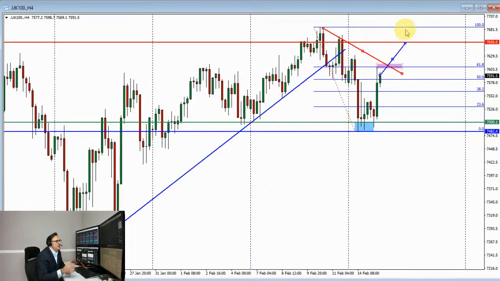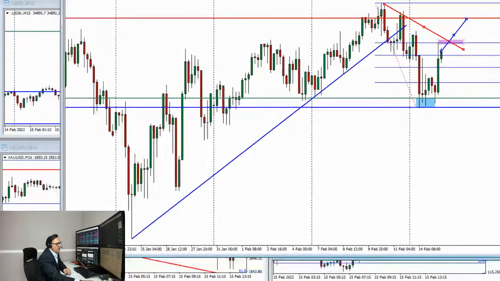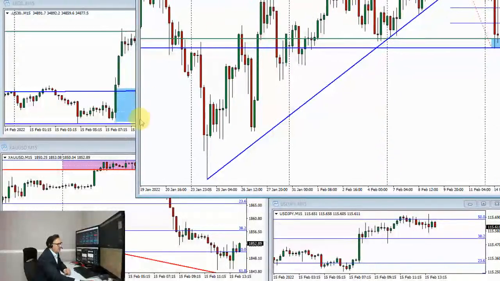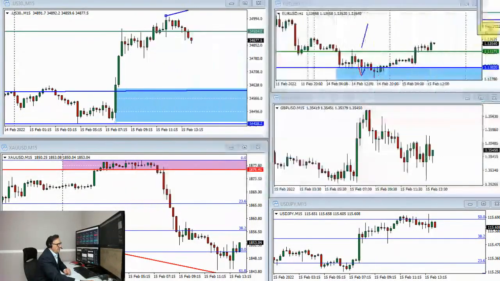That's why I would likely be looking to take partial profits as we go along. So that's where we are with FTSE, keeping it open, happy with that trade, and not going to change much there.